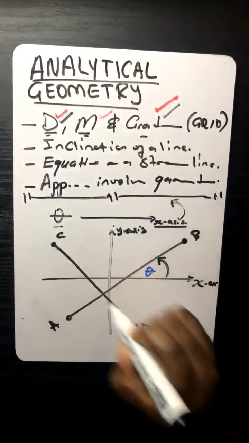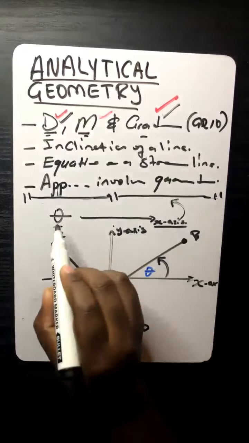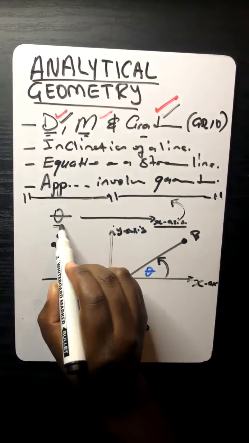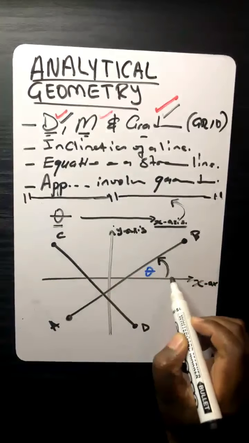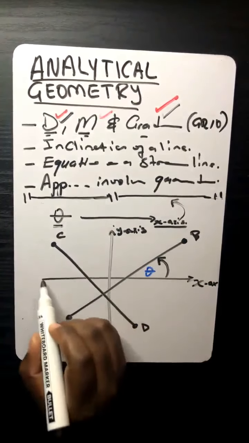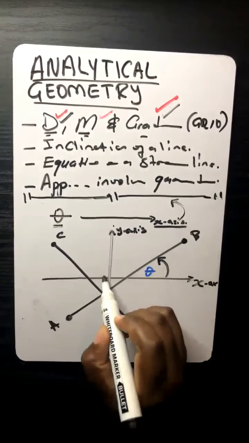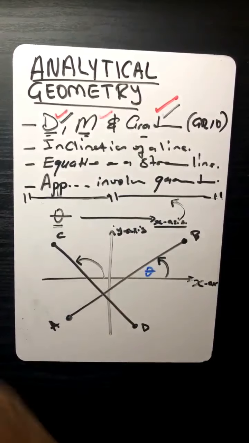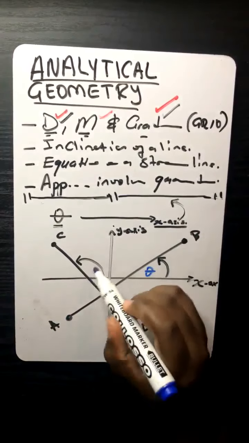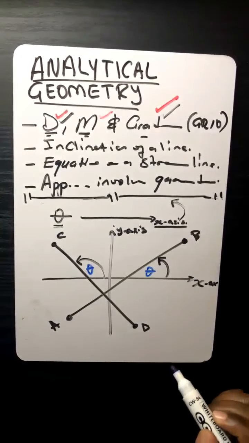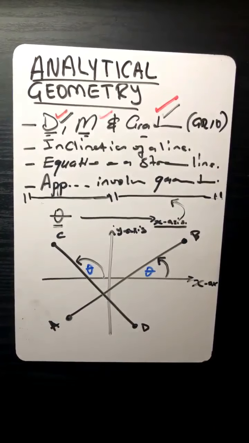So this is a line, and we say inclination of a line is the angle formed with the horizontal in an anti-clockwise direction. So the angle formed is that angle over there. Very, very much important lesson.